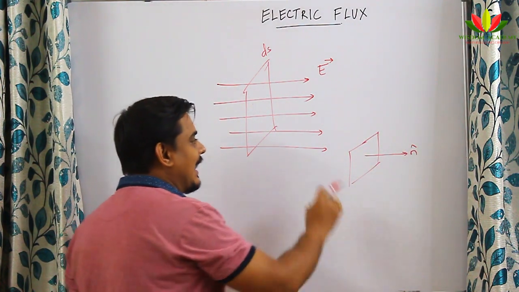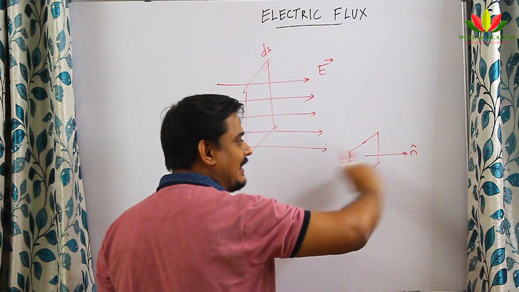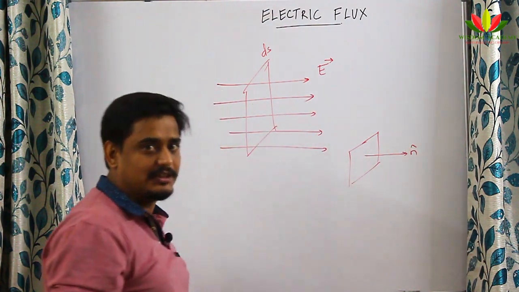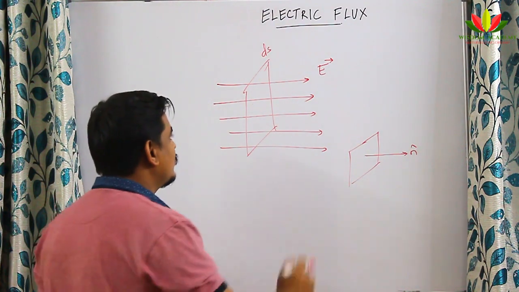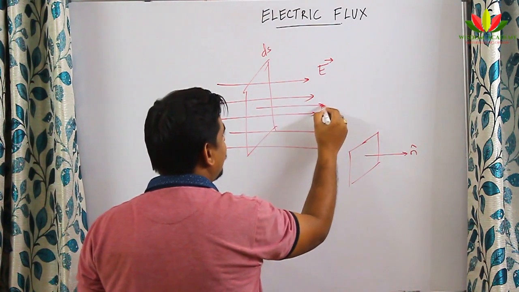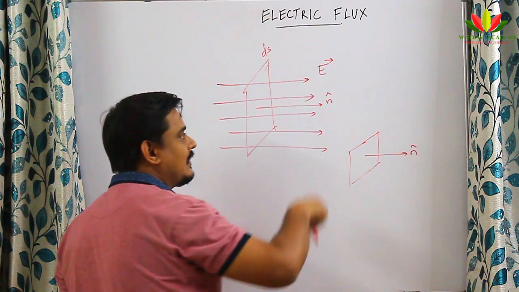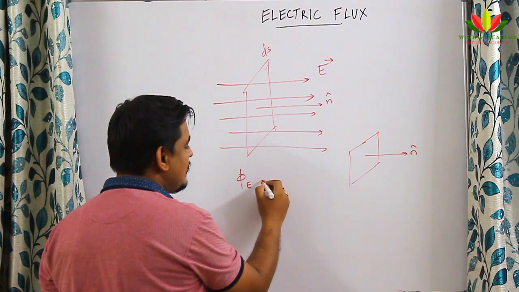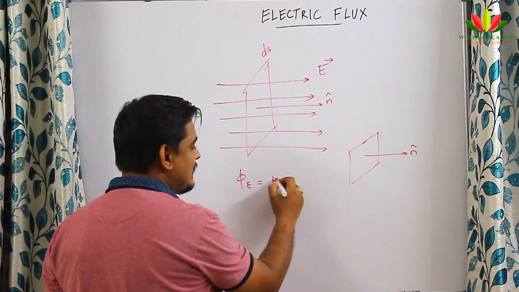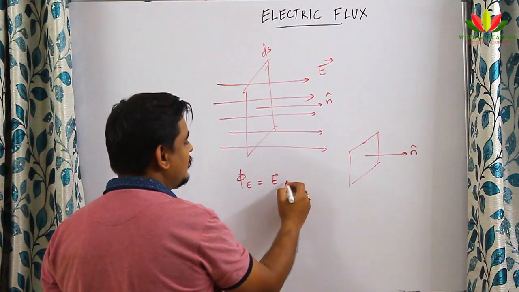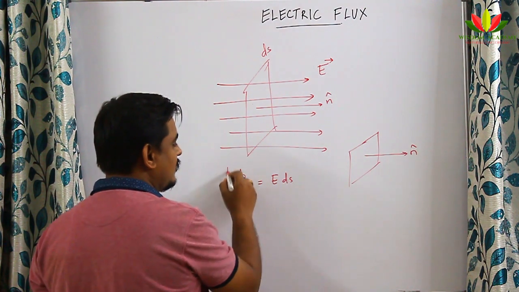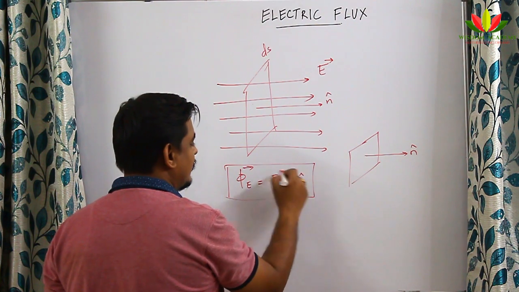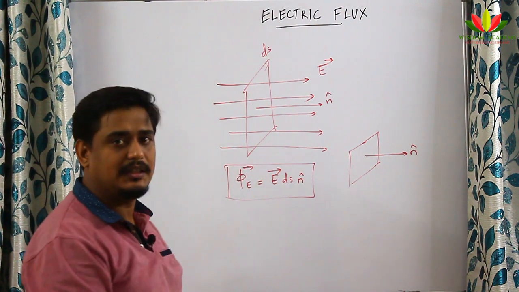So I want to see electric field and n cap. Always the electric field should be in the n cap direction, that is normal to the area. So here this is the n cap and luckily E and n are in the same direction. So I can write the electric flux phi E is equal to E, electric field, into ds. If you want to write the vector quantity, this will be E ds n cap, right.